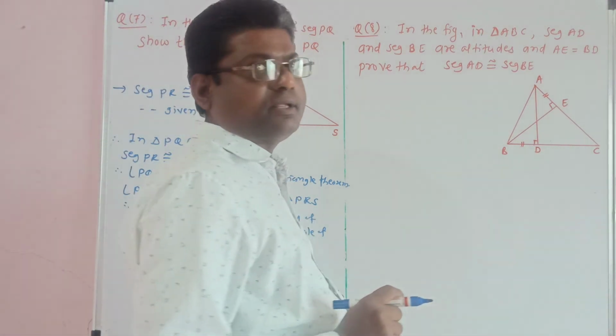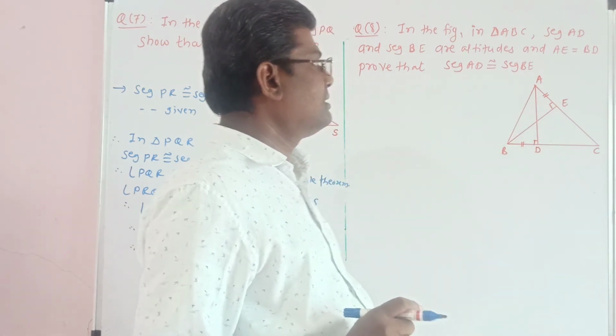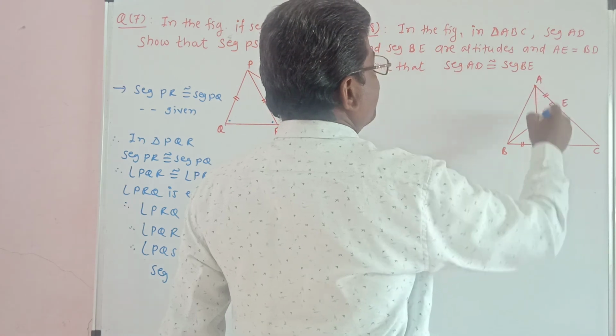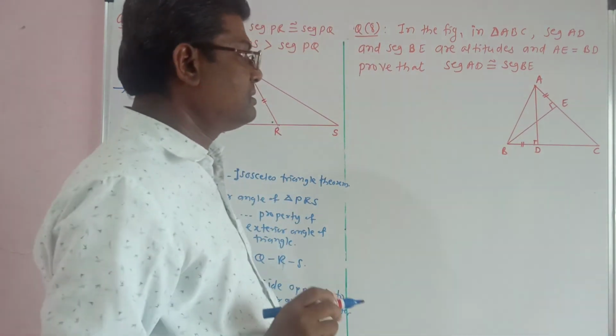Question number 8. In the figure, in triangle ABC, segment AD and segment BE are altitudes.